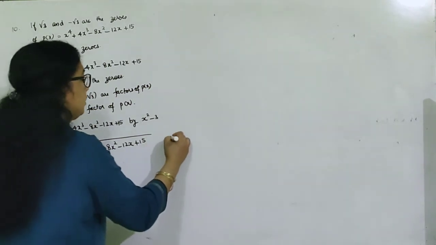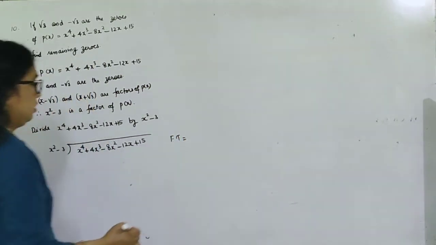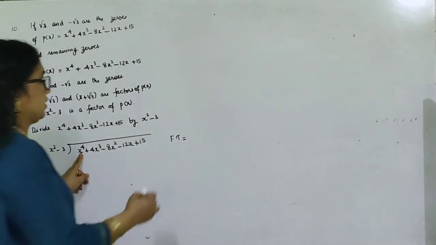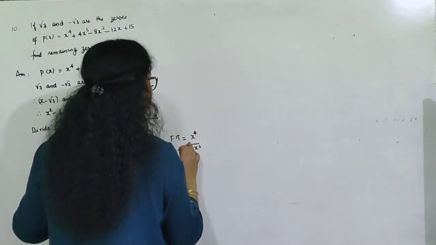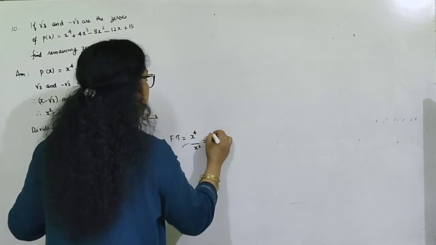Now, the first term of the quotient: the highest degree term is x raised to 4, so x raised to 4 upon x square is equal to x square.